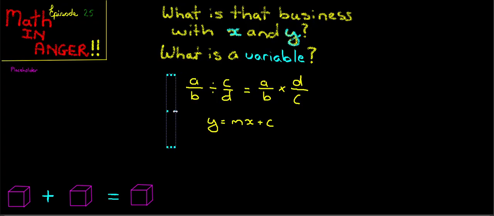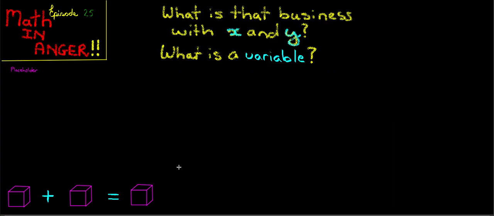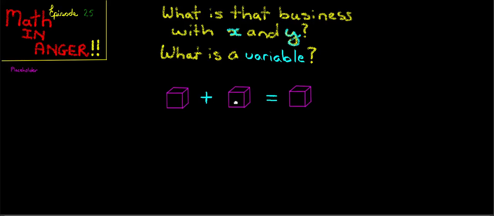All right. The first thing I need you to realize is that what you are talking about is what we call a variable. Don't worry about what that word means right now. I'm going to explain something to you. Let's say I've got 3 boxes here.